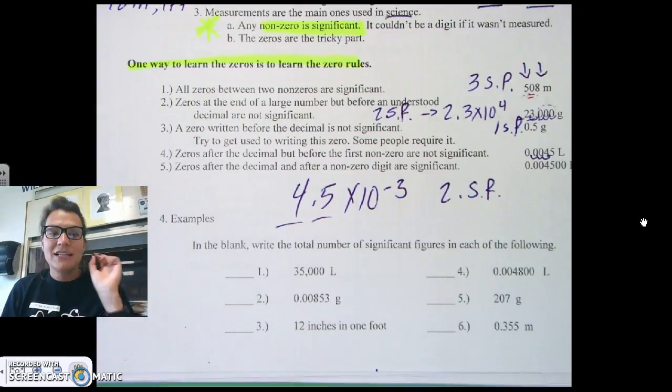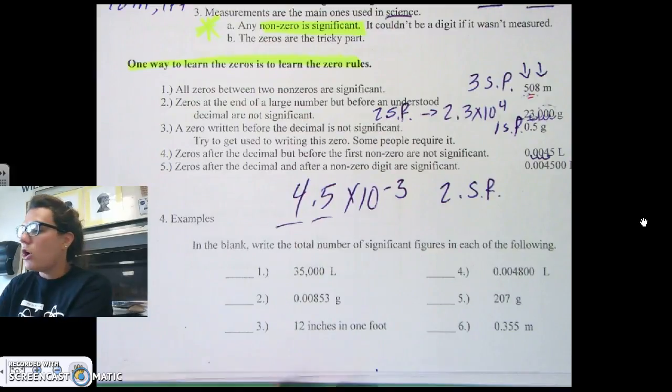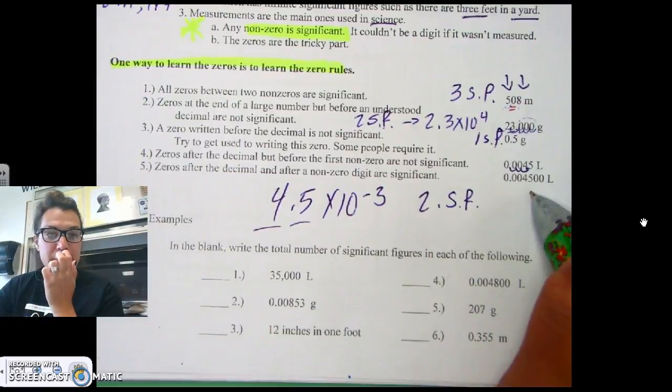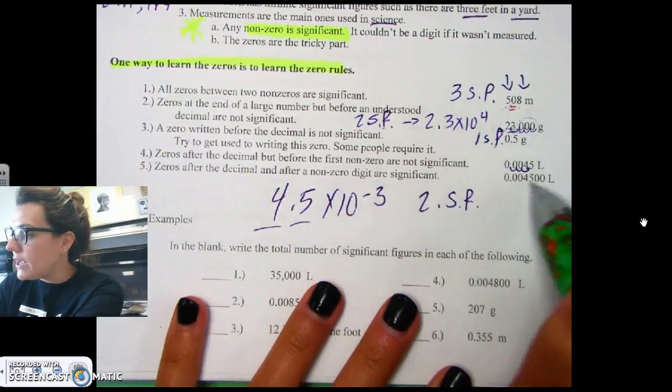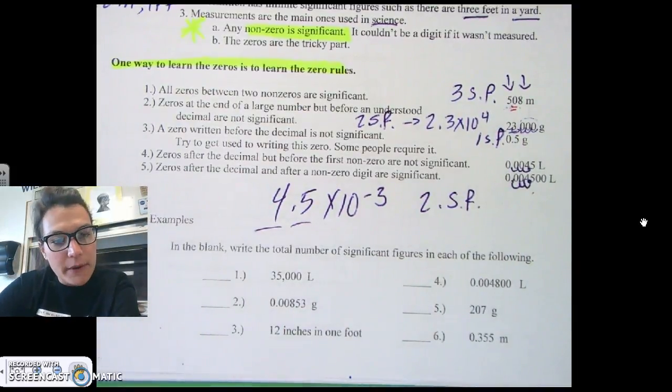Okay, last zero rule. Zeros after the decimal and after a non-zero digit are also significant. Okay, so for instance, if I was to turn this into scientific notation like the one I did previously, say I was to do this, 1, 2, 3. I can't move the decimal anymore. Why? Because if you remember with scientific notation, the number has to be between 1 and 9.99.